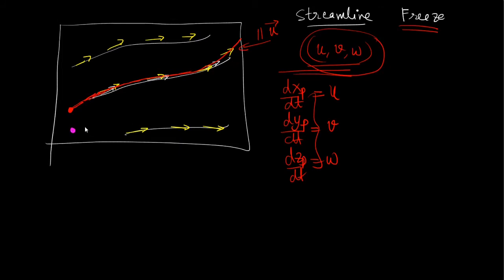Then you take another particle at the same frozen velocity field and integrate it. You will find another curve which is parallel to all the velocity vectors encountered by the particle. The particle has to follow this curve, because if it does not, then suppose you say hypothetically that the particle will follow this curve. If that is the case, then the velocity at this point would be something like this, but your claim is the velocity is something like this.